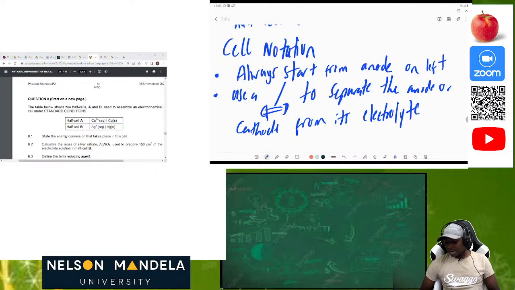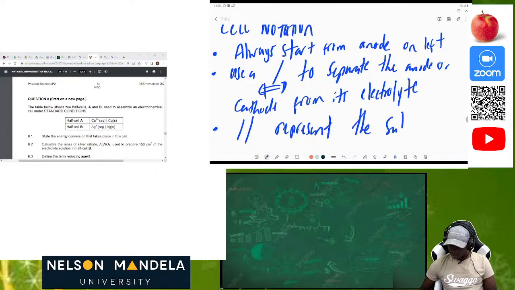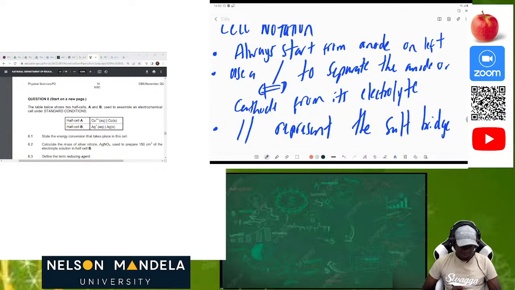Then the last one is that we use these two symbols to represent the salt bridge. So these two forward slashes represent the salt bridge.